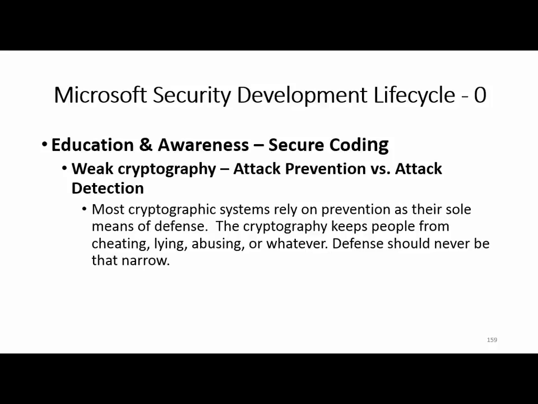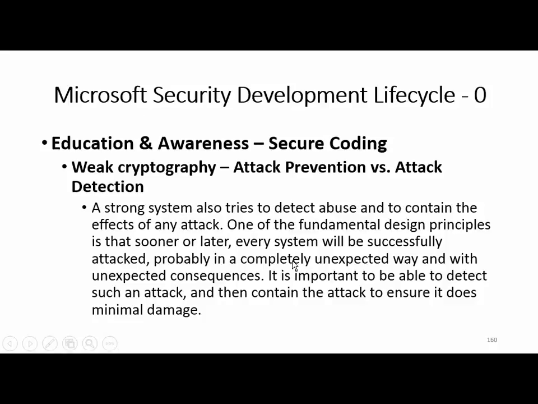So most of these systems, as mentioned on the slide here, rely on prevention as their sole means of defense. As it says, the cryptography is designed to keep people from cheating, lying, or whatever, but you shouldn't be that narrow. A strong system also tries to detect abuse and contain the effects of any attack. Again, sooner or later, every system will be attacked.